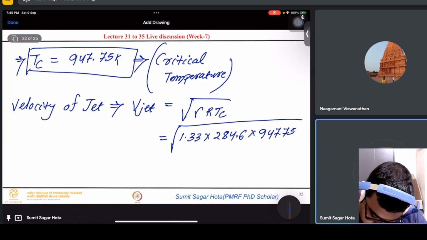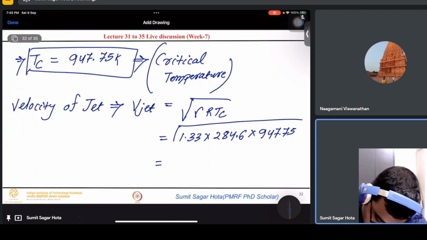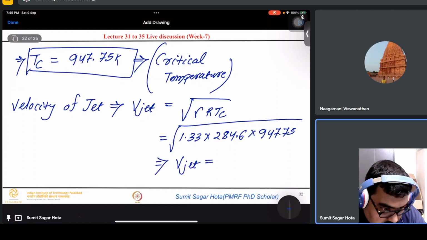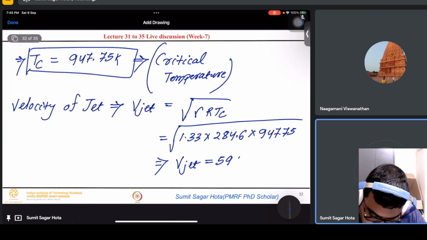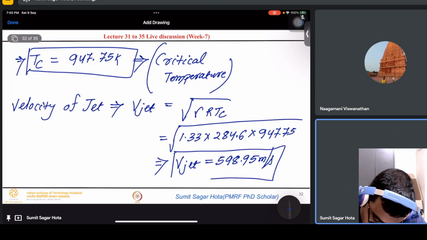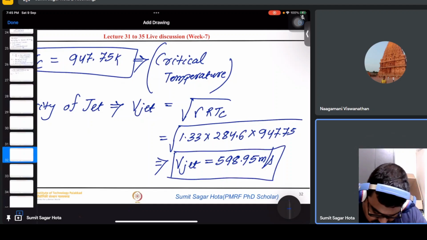If you substitute everything, you get 598.95 meter per second. So Vj you know.